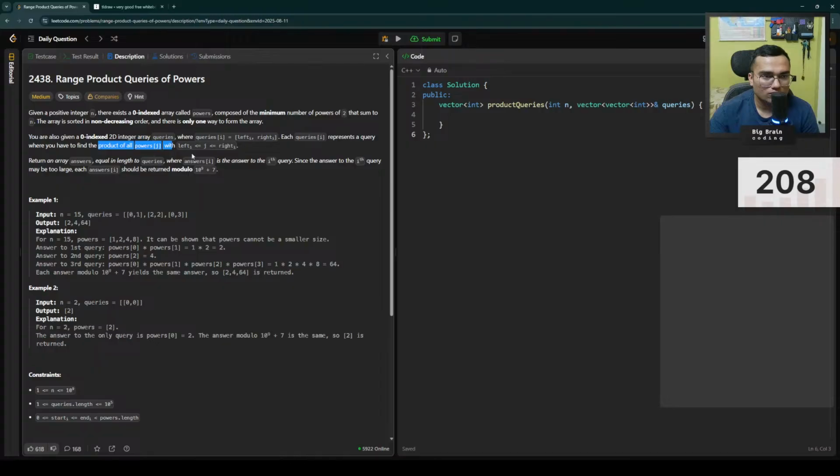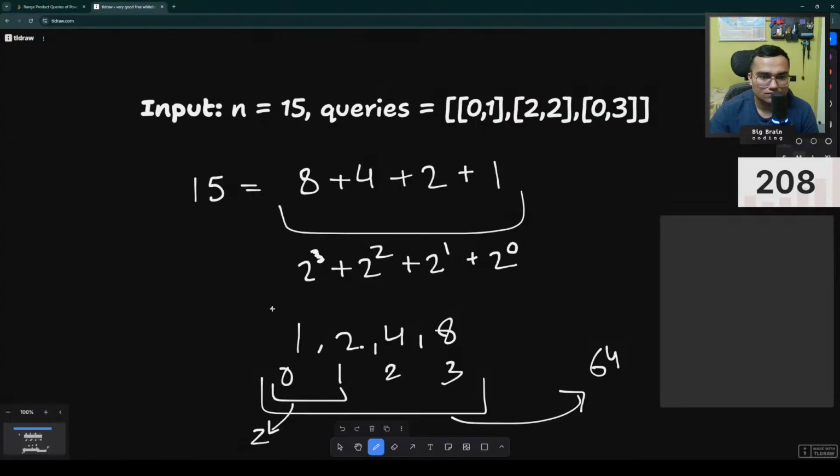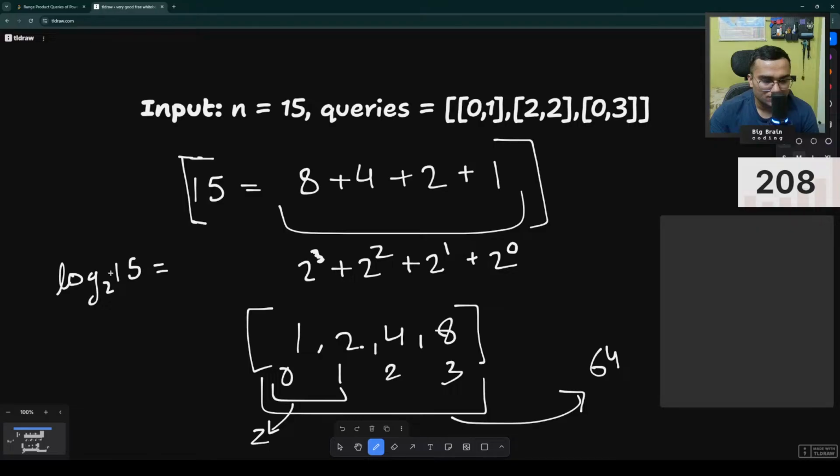Okay, so first of all, I have to find this array, right? That should be step 1. I can find this in this way. Basically start with the maximum, or I can simply take log base 2 of n. This will give me 3. So 2 to the power of 3 is the first number here.